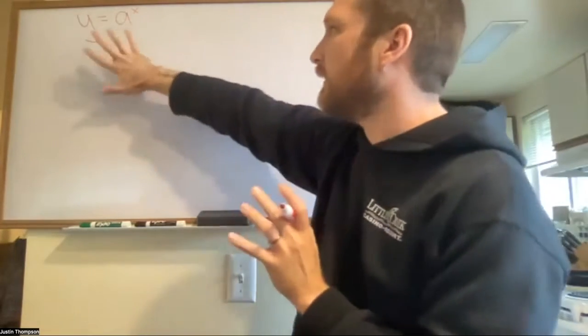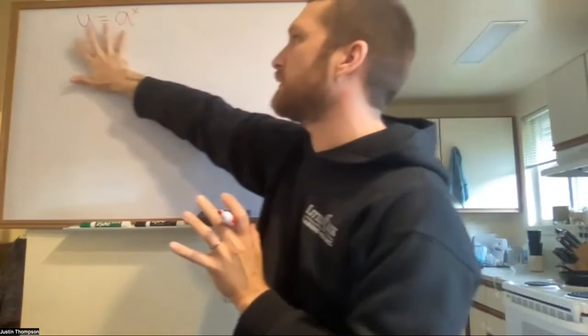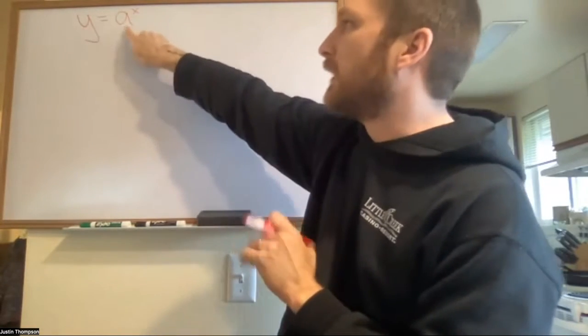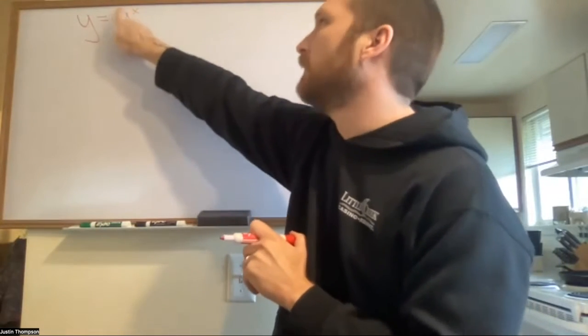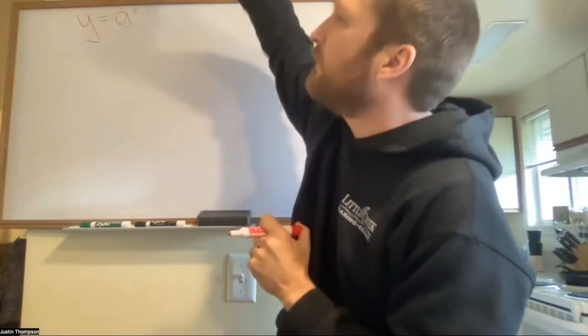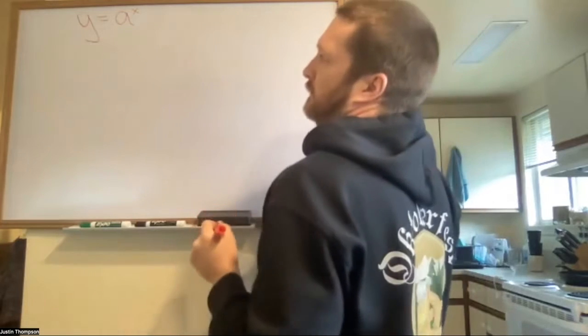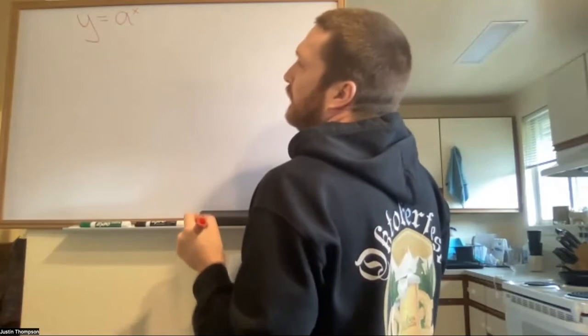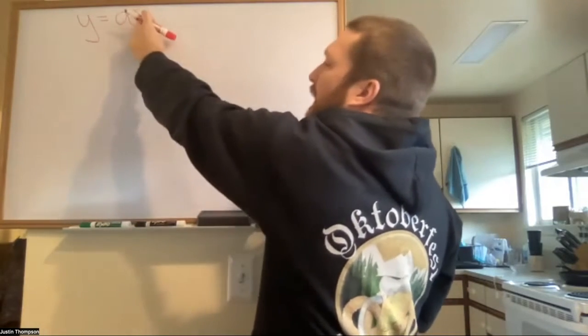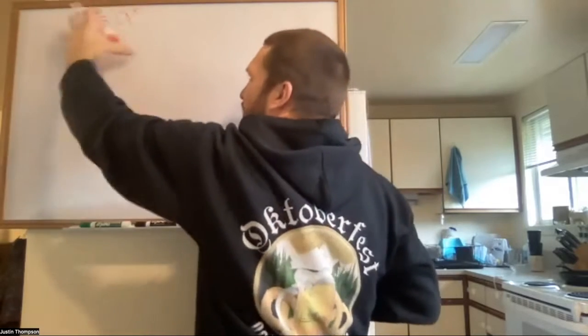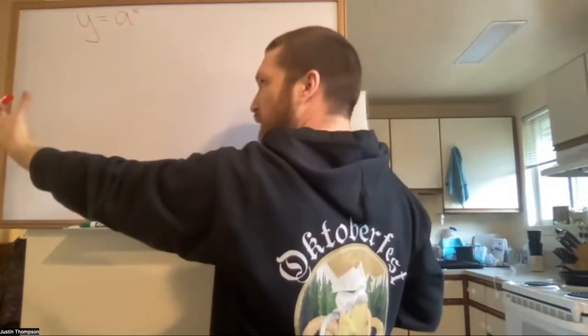Let me just identify the different parts of this right here. We call that number that's being raised to a variable the base. And when you have something that looks like this, we call this an exponential function.